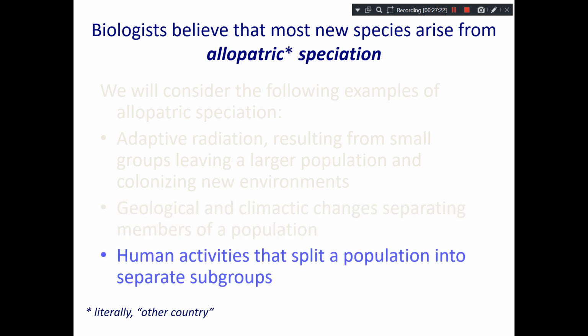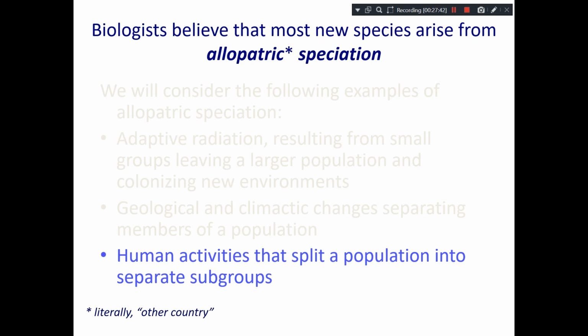The scientists believe that most of the new species are the result of this allopatric speciation. The literal meaning of allopatric is other country, when they have moved to another region.